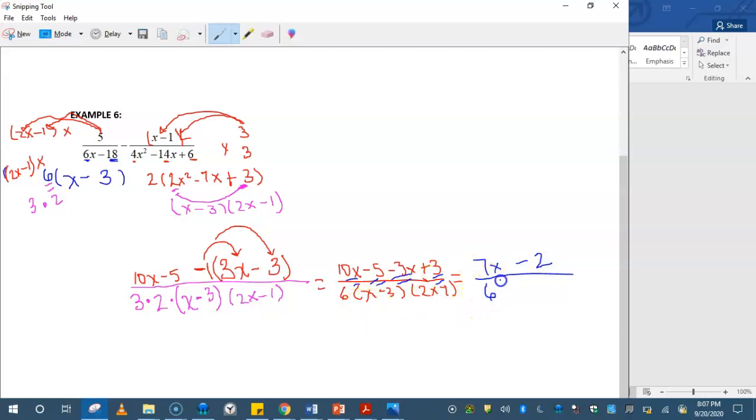And this is over 6 times x minus 3 times 2x minus 1. All right. Woo! A lot of factoring, but we did it. Okay, we did our steps, found our LCD, multiplied both numerator and denominator by what they didn't have, and then we subtracted and combined like terms.